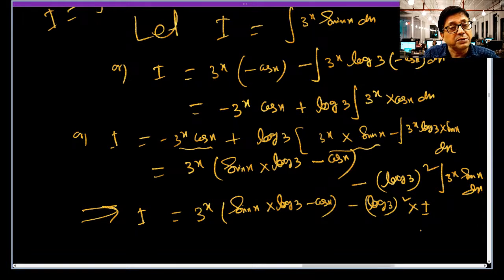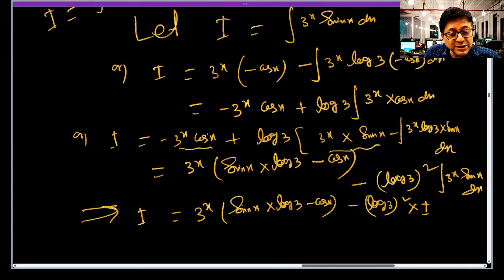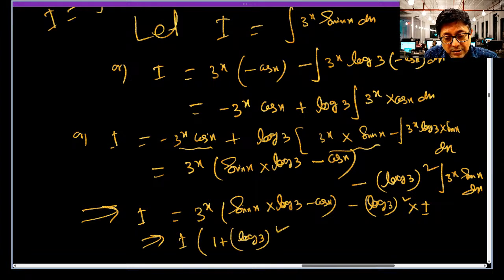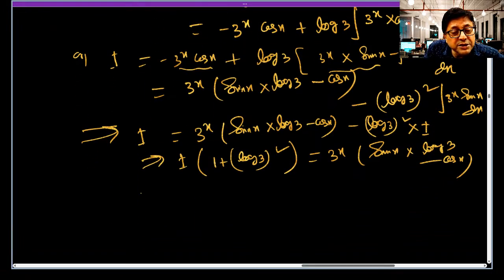This thing is I. What we started with on the left hand side was 3 to the power x sin x only. So now take the whole thing on the left side. 1 plus log 3 whole square, so I finally will take this form.